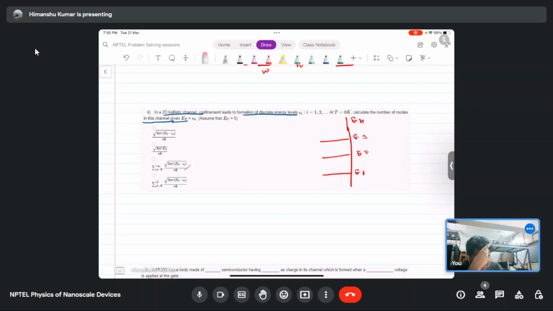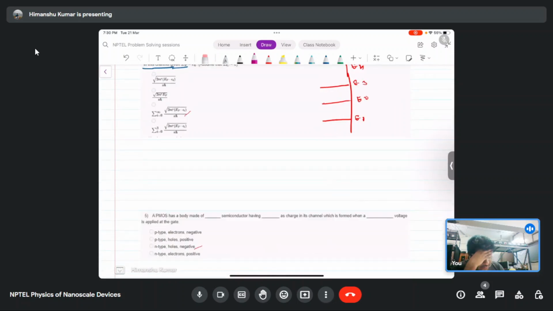So in the 2D channel case, the total number of modes M(E) will be equal to W times M2D(E), which is the sum from n equals 1 to n of the valley degeneracy multiplied by the square root of 2m* times (E minus the energy eigenvalue) divided by pi h-bar. Here E is basically our EF.